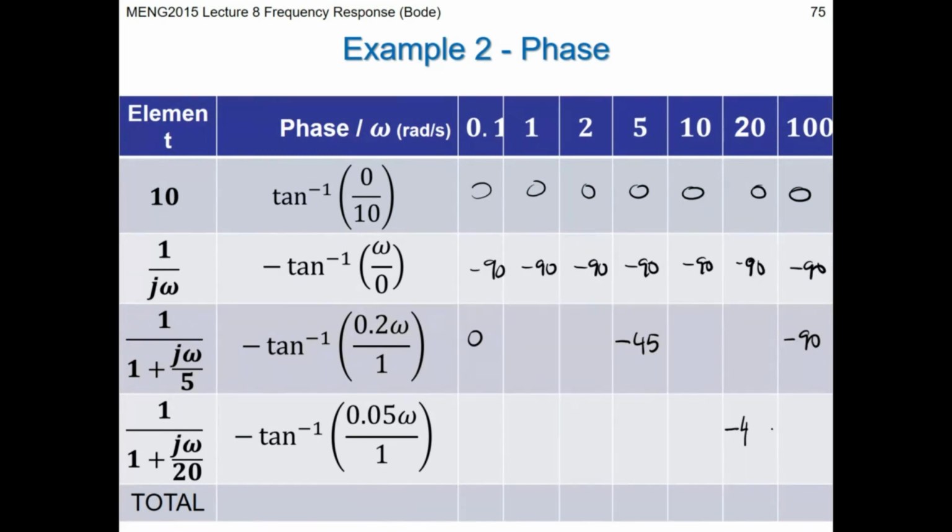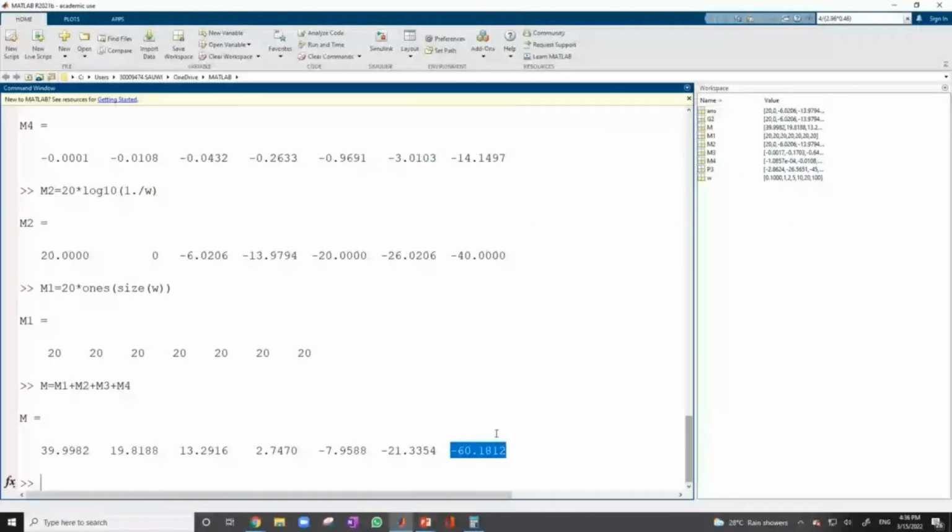Tau is 1 upon 20, so 1 upon tau is 20. So at 20 radians per second, we expect minus 45. We're going to about minus 90 when you go up to 100, and at low frequencies, like 0.1, you expect 0. Right, so let me go back to MATLAB and calculate it and see how it comes out.